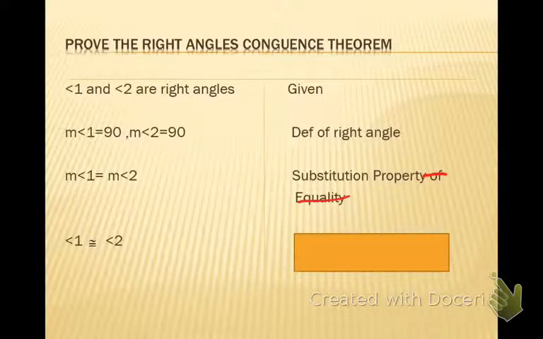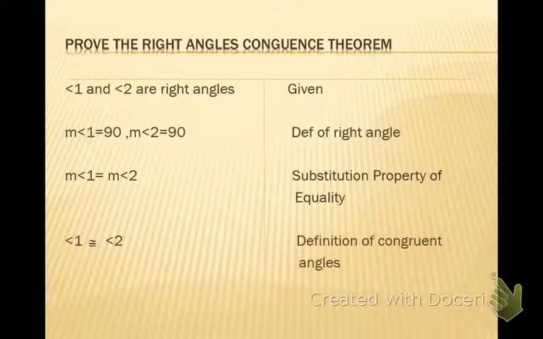Now, because we know that these two angles have the same measure, then by the definition of congruent angles, we know that angle 1 is congruent to angle 2. And that's what we wanted to prove. So, now that we've proven this, we know that all right angles are going to be congruent, because it doesn't matter what we call the right angles. We can change the names of angle 1 and angle 2, but if they're right angles, they're still going to be congruent by the same method every time.